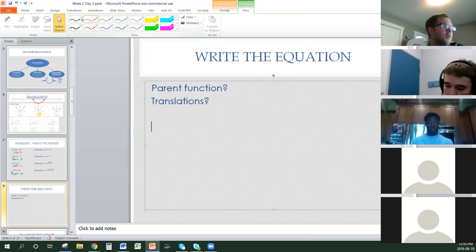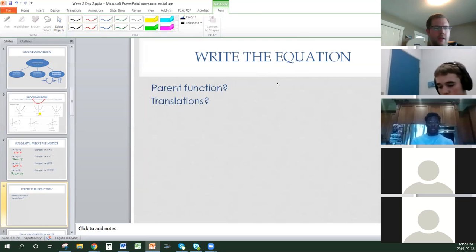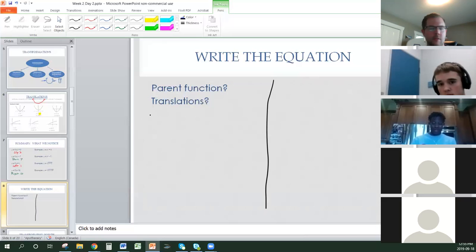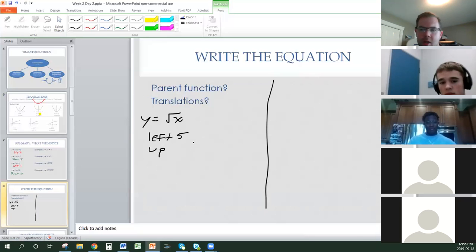Okay, Noah, I'm going to pick on you first. What is the parent function for yours? It's the square root. Okay, so y equals square root of x. And what are the 2 translations that are happening? It's moving to the left 5, and we'll go up 3. Up how many? 3.